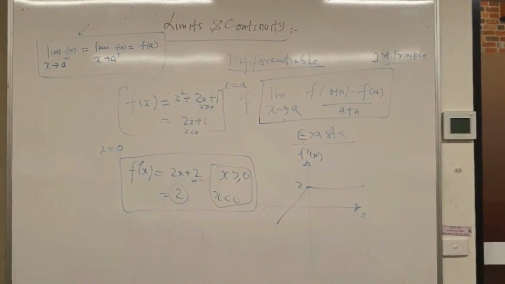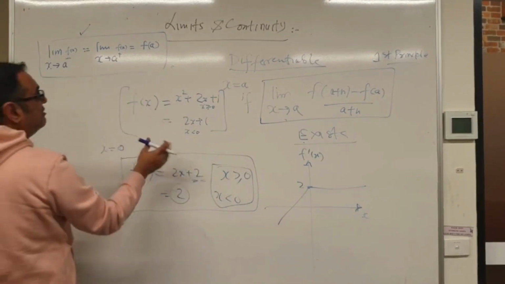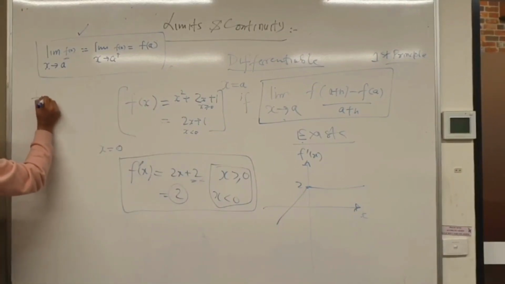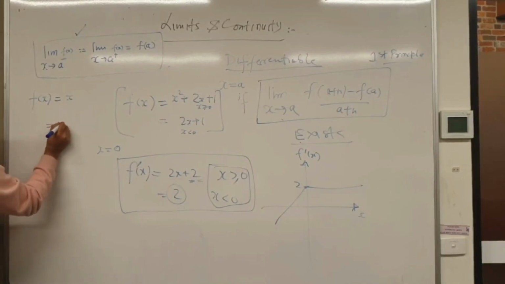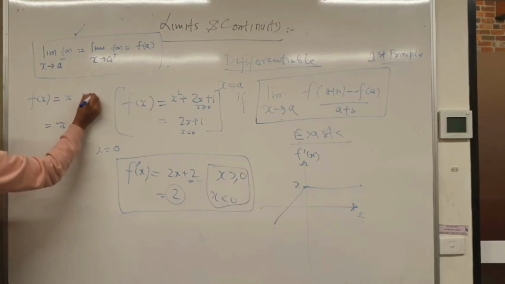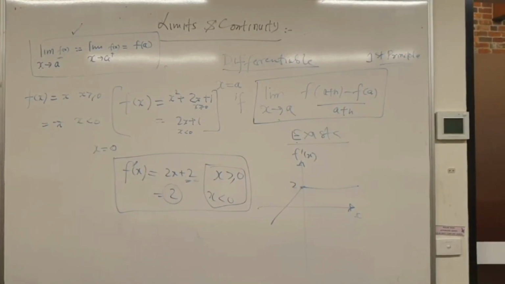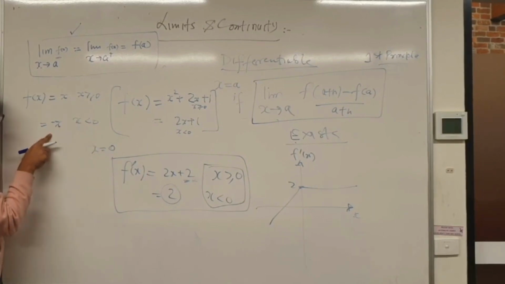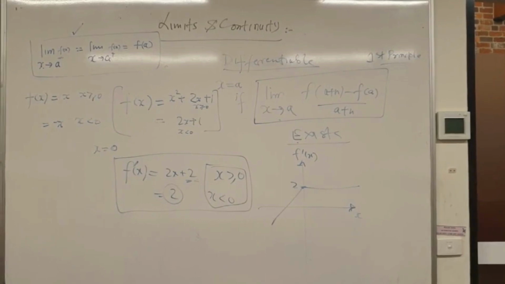Does that make sense? Now coming back to what I was trying to explain earlier, I'll explain with a different example. My example is f of x equals x for x greater than 0, and minus x for x less than 0. This function is continuous at x equals 0.